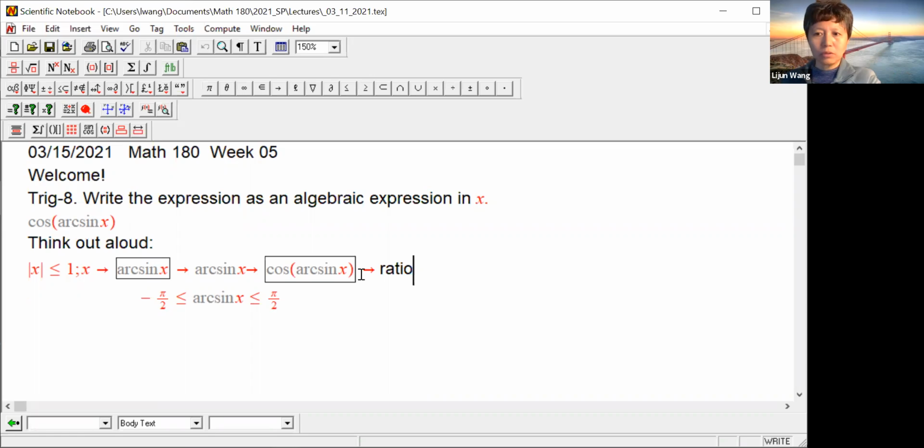Domain, range, you have to be fully aware. And this ratio has to be between what?